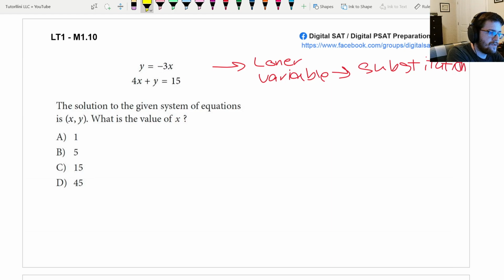So we're going to substitute this guy into where he is in the other equation with what he's equal to, which is this guy. So 4x plus negative 3x equals 15.